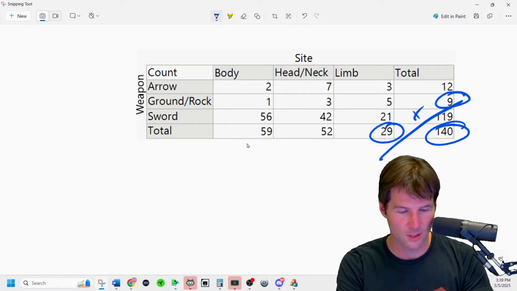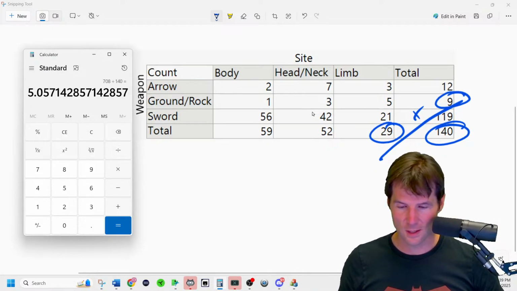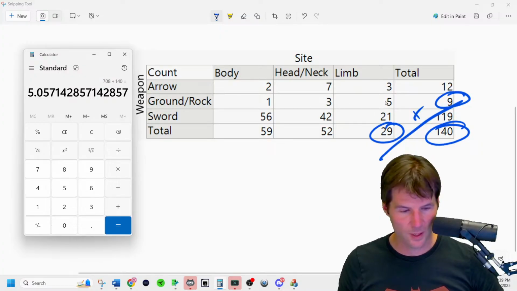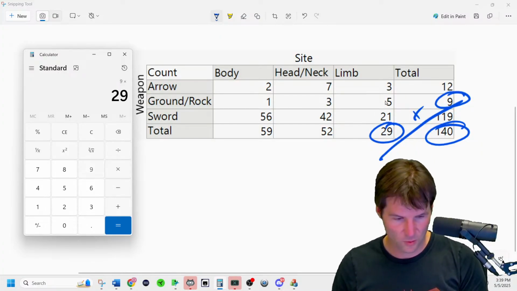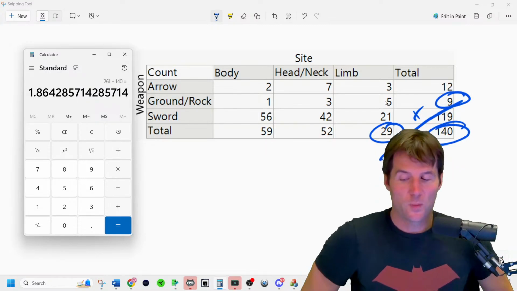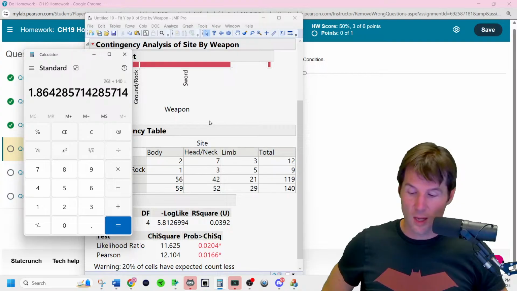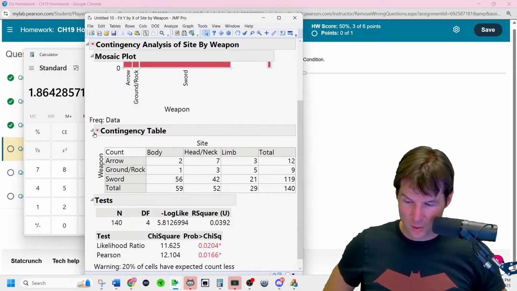You're dividing by the same amount, so it doesn't matter. For this cell right there, we would expect 9 times 29 divided by 140. That's not at least 5, so we fail. We'd expect 1.86 observations in that cell. And you can double check your work just by looking here at the expecteds.